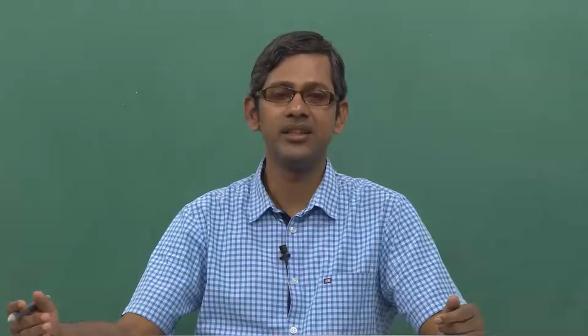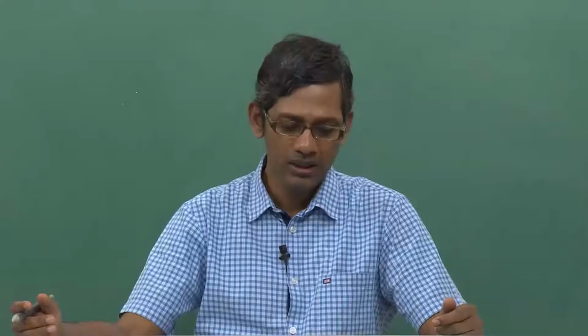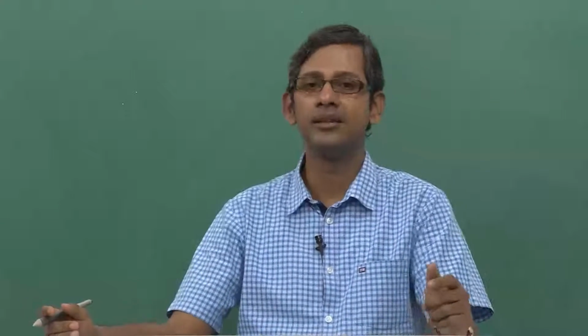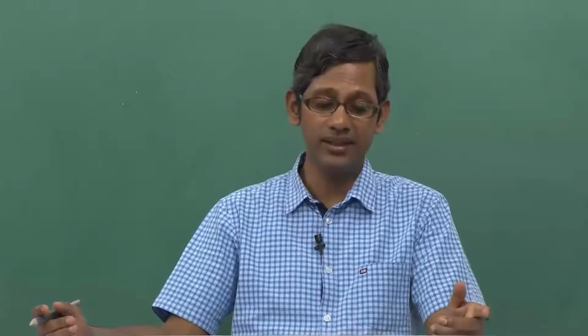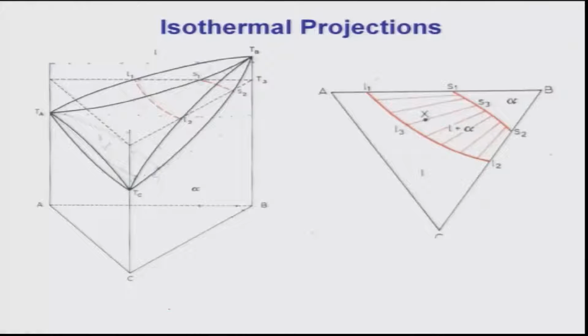So, the phase diagram in the ternary space is basically like two curved surfaces bounding the liquid plus solid region. Now let us look at a little bit of recap of the isothermal section, so that you do not forget it. As you know, this is the ternary isomorphous phase diagram bounded by the two surfaces, liquidus and solidus.